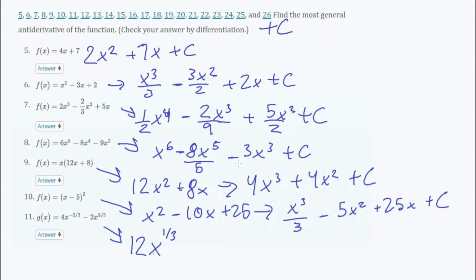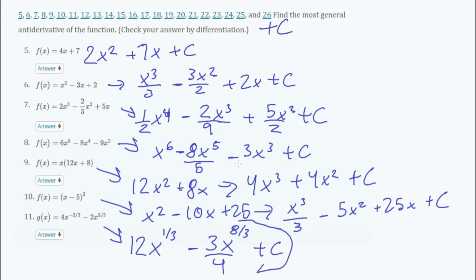So we're going to have 12x to the 1/3 power minus x to the 8 over 3 power divided by 8 over 3, which means multiplied by 3 over 8. So it'd be 6 over 8, but if you simplify that, it's 3 over 4. And that would be plus c.